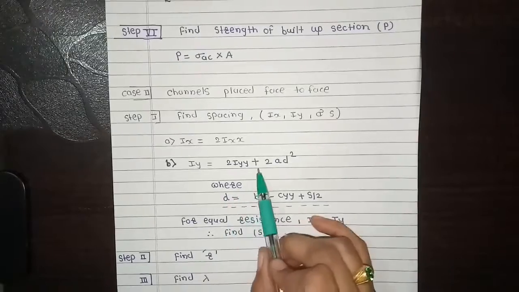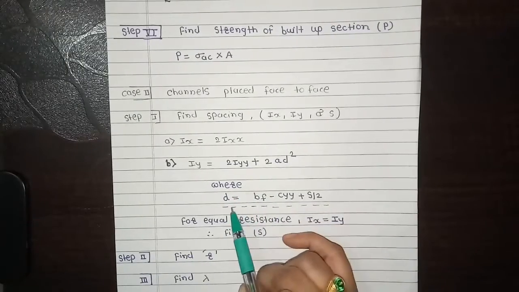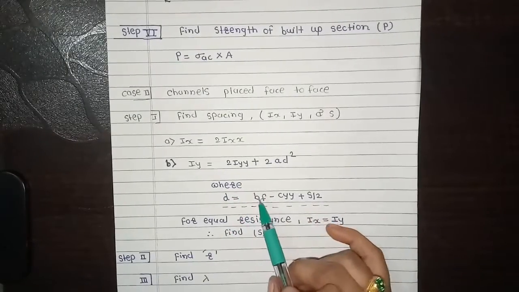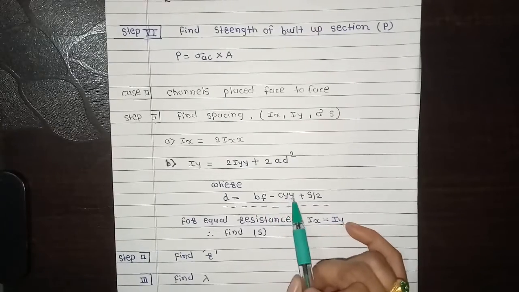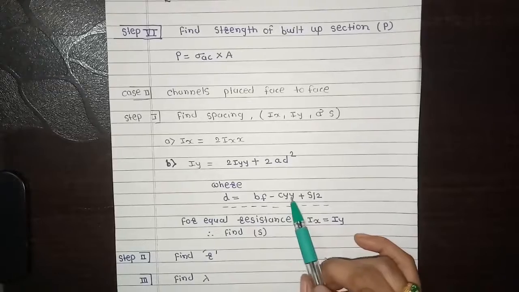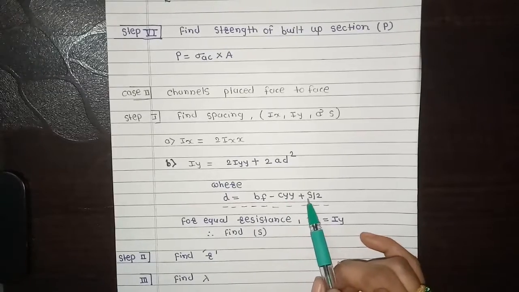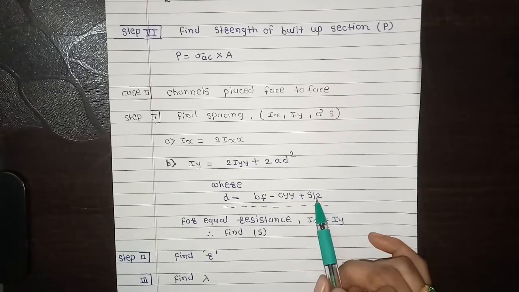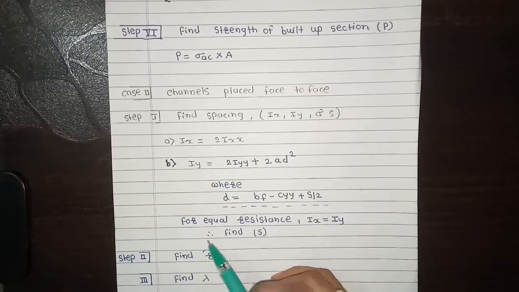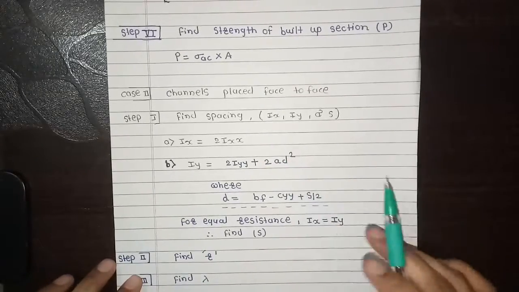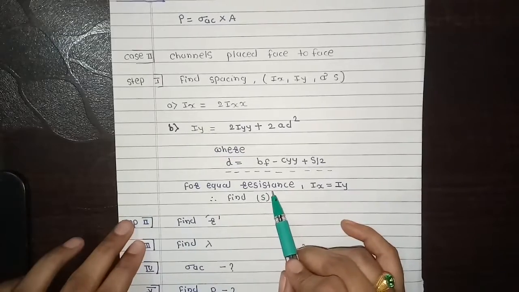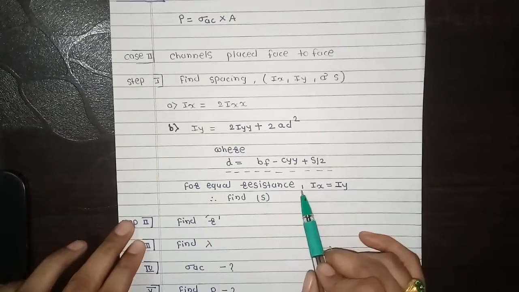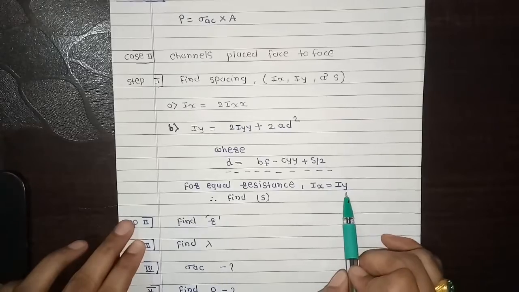So where D is the BF, width of flange, minus Cyy, center of gravity of channel section, plus S by 2, S is the spacing. Then equating these two equations, we get spacing for equal resistance. Because of equal resistance, Ix is equal to Iy.